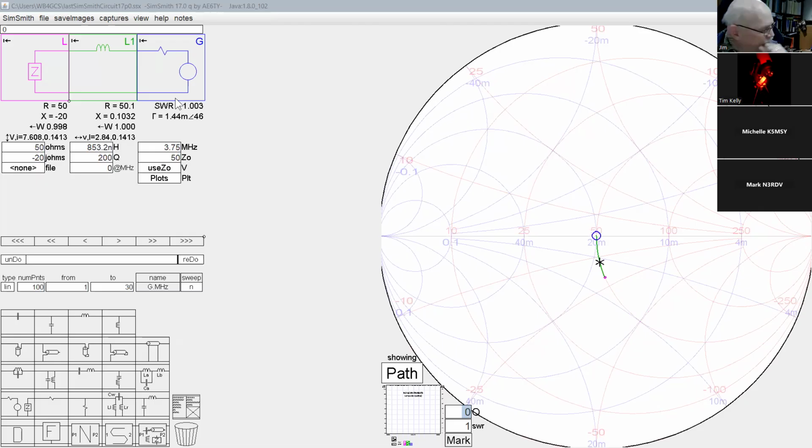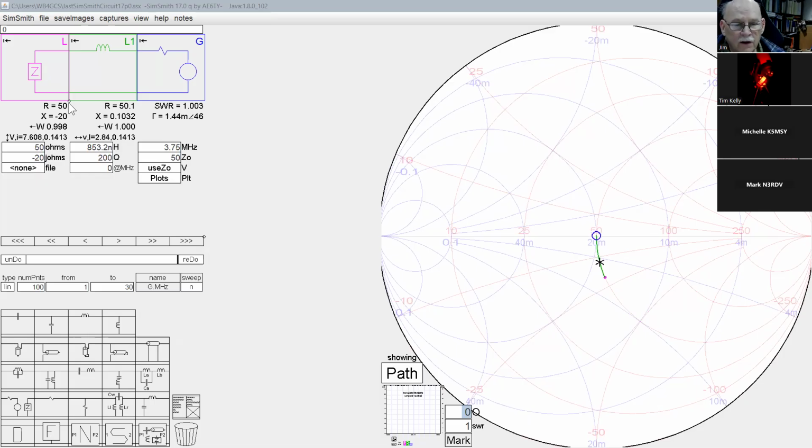Now, I built this circuit. The load is 50 ohms. The reactance was minus 20. The program normalized it for me. And I decided I'm going to use a series inductance, so I dragged and dropped a series inductance into the circuit.